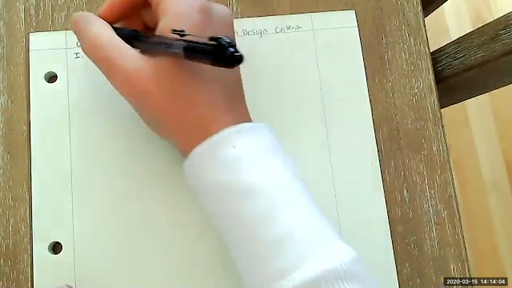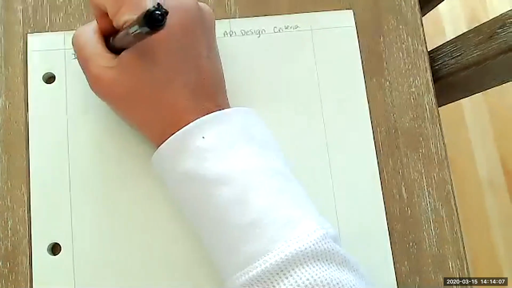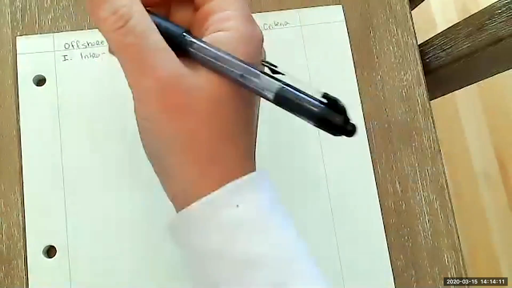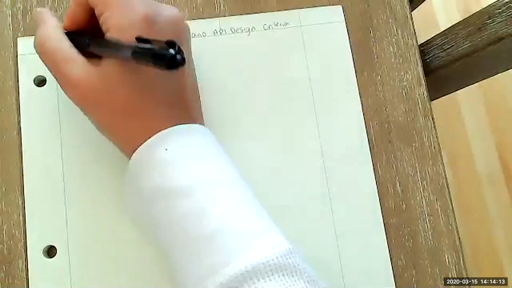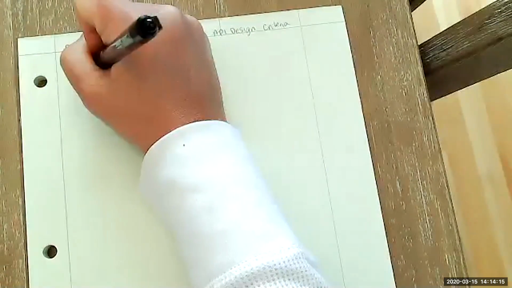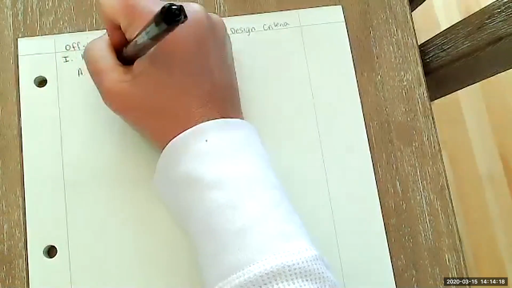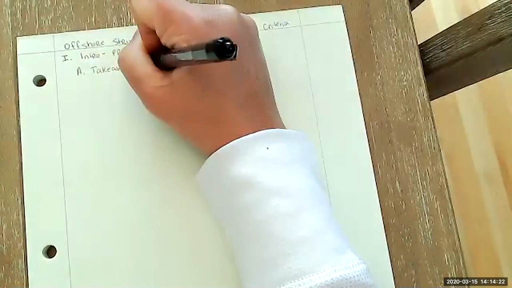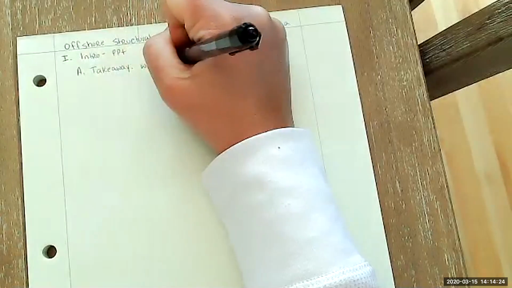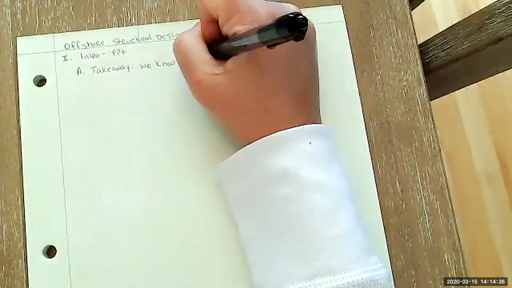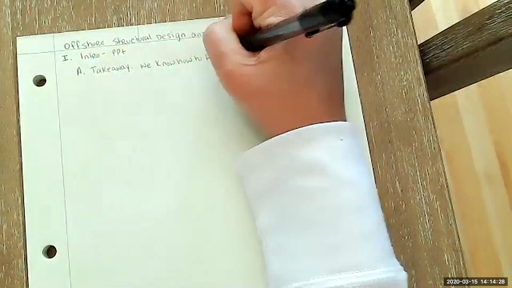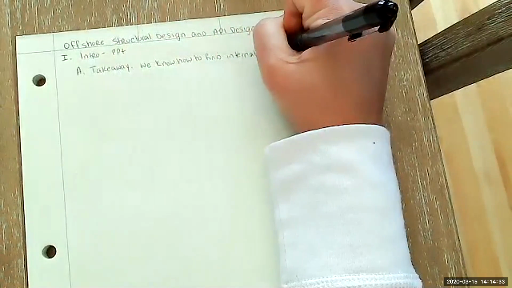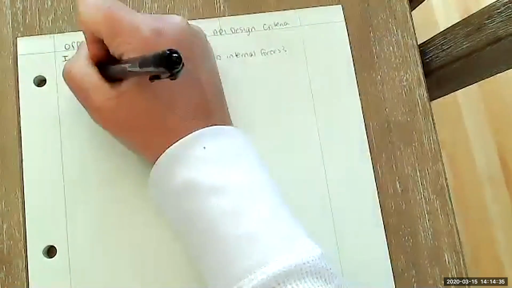Cool. Okay, great. So just as a brief intro, we have that PowerPoint. So please have a look at that for types of offshore structures and designs. The big takeaway from that PowerPoint is that we know how to find internal forces and deflections.